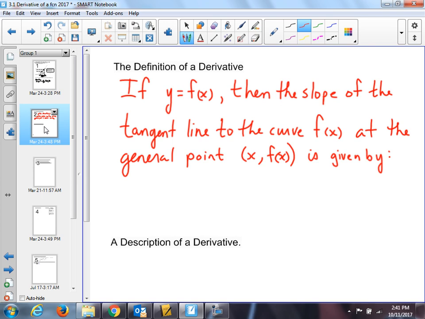Well, it's not new, because we've seen it. Here's the new notation. F prime of x. And then we have the limit of the slope.